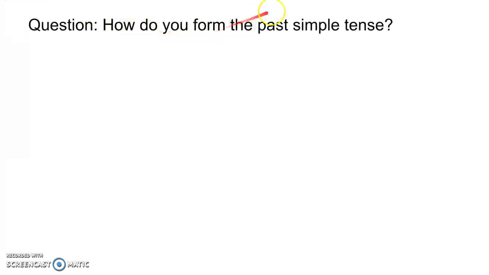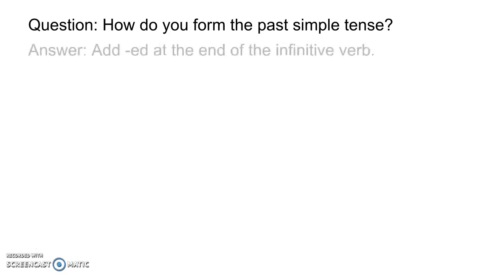How do you form the regular past simple tense? I'll let you pause the video to think about this and discuss it. Okay, so to form the past simple tense, add ed at the end of the infinitive verb. Let's look at some examples.